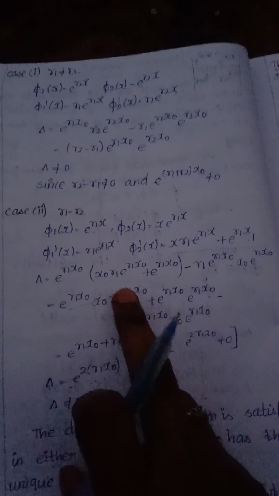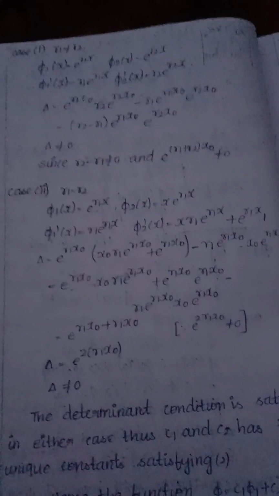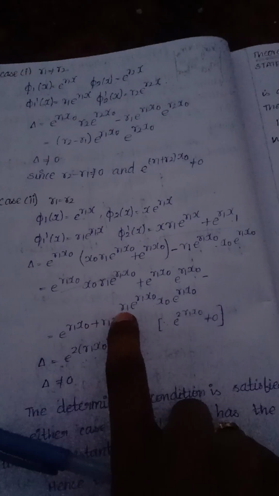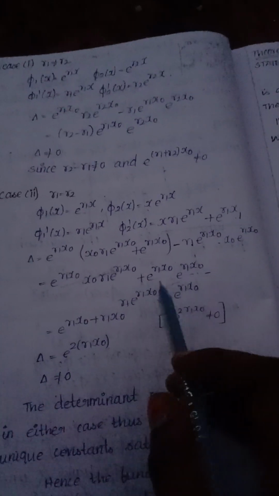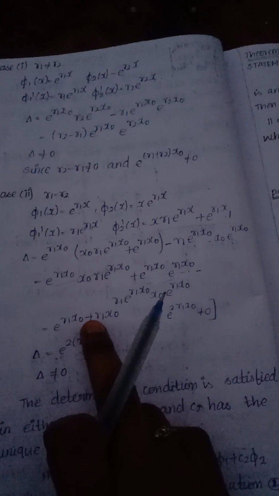If we multiply this e power r1 x 0 inside, we get these values, and if we take the common terms, these terms get cancelled. And if we add, the base is common, so we have to add the powers: e power r1 x 0 plus r1 x 0.